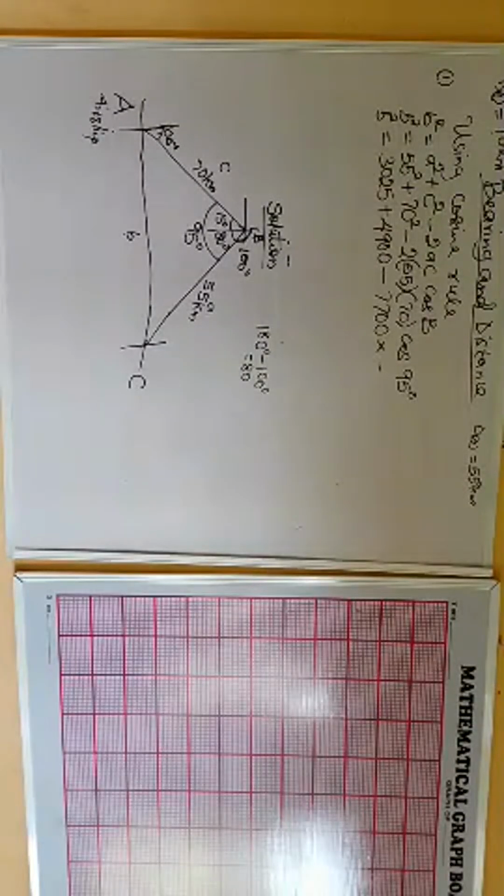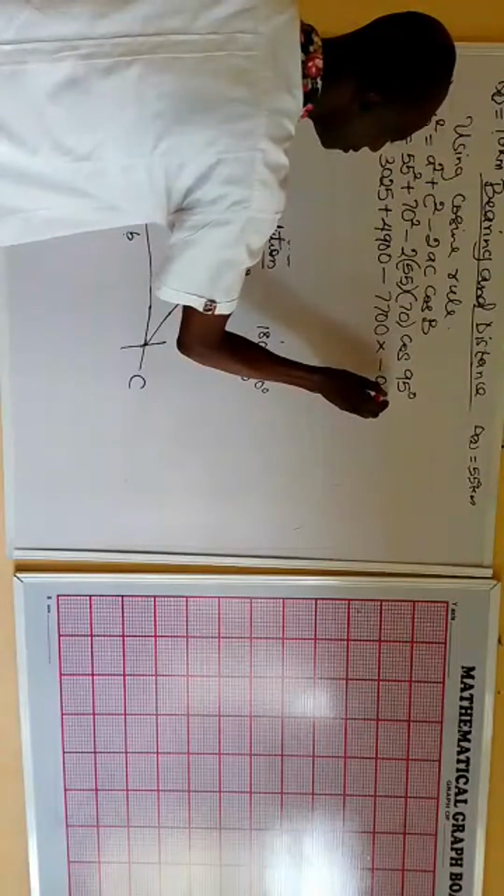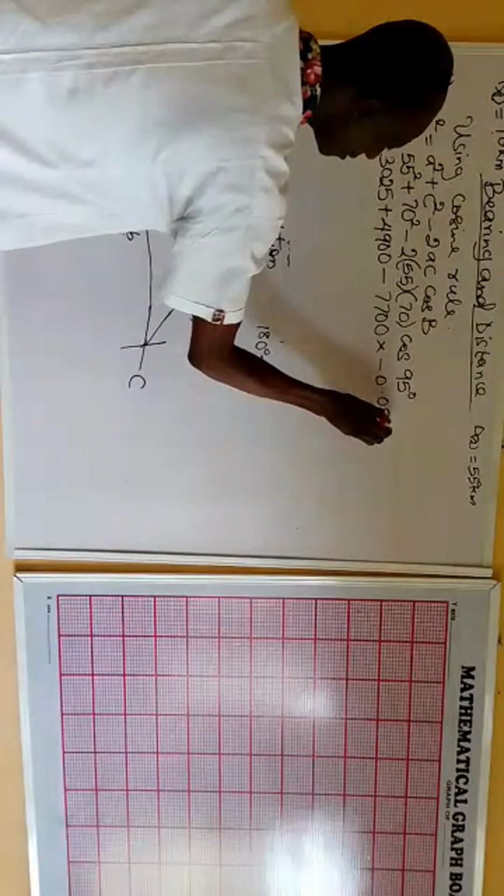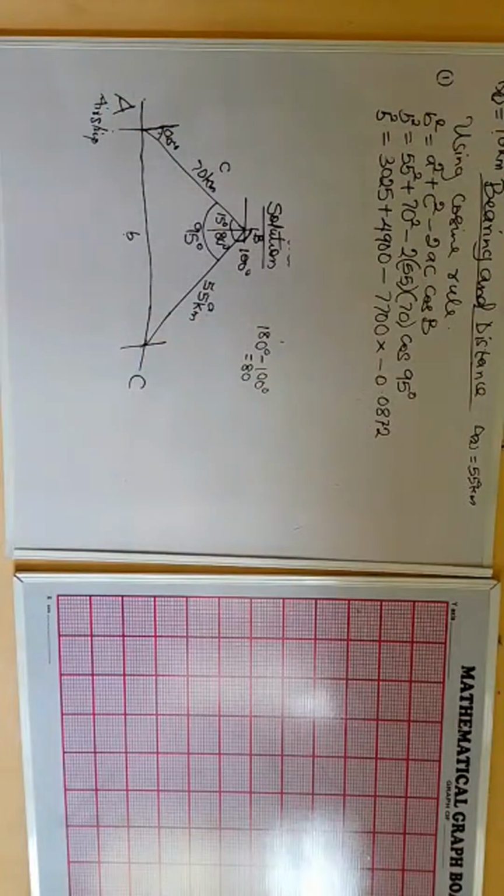Let us use the calculator. Hold your calculator, and your calculator must be on degree. Cos 95, what does it give to us? 0.0872. That is cos 95.